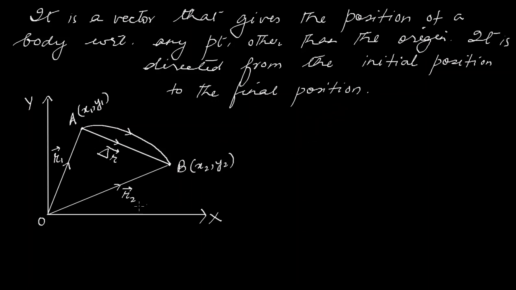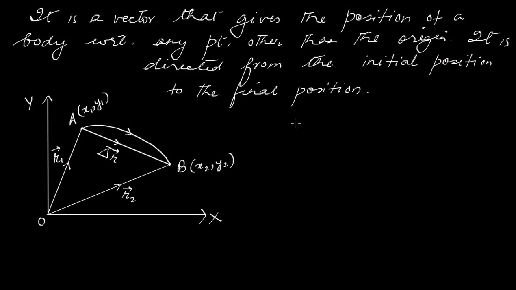Let us find the expression of this displacement vector. So in the diagram, in triangle AOB, do you agree or not? Just look at the direction of this arrow. You're starting from here, you're going this way, and then you're going that way, right? And here you're starting from here and you're going that way. So do you agree or not, if you go from O to A and then from A to B, that is the same as going from O to B?